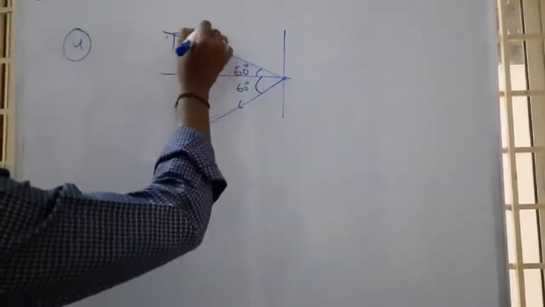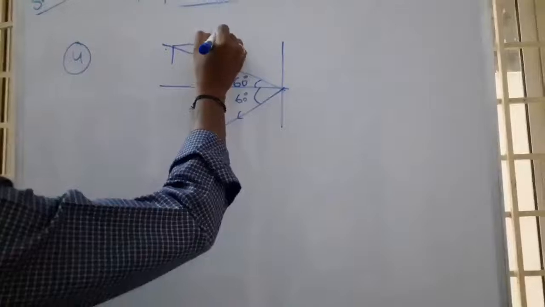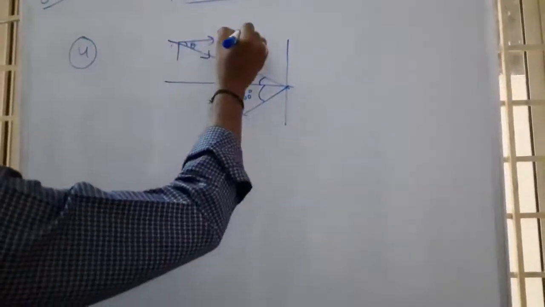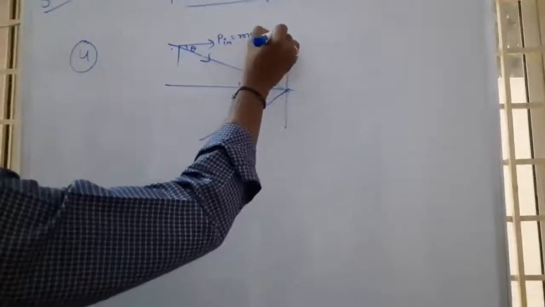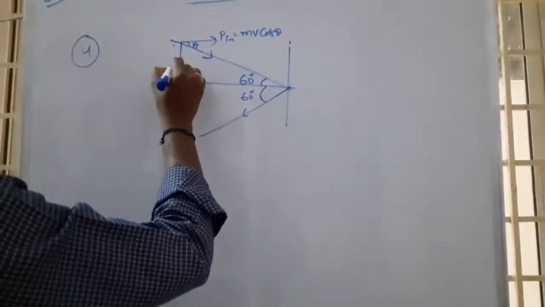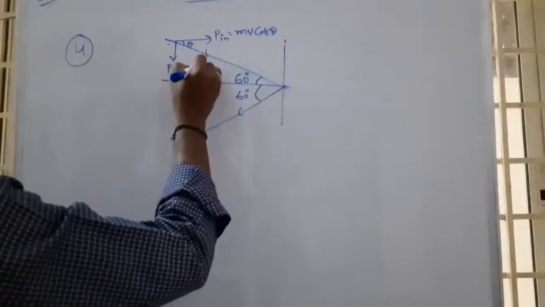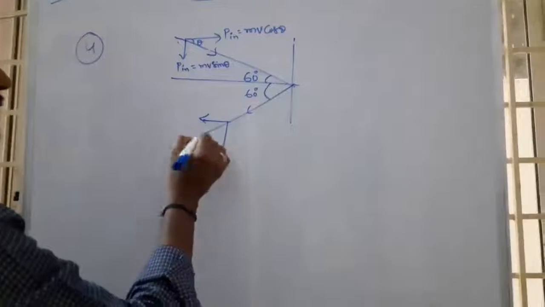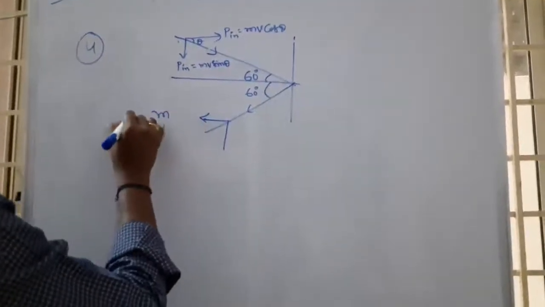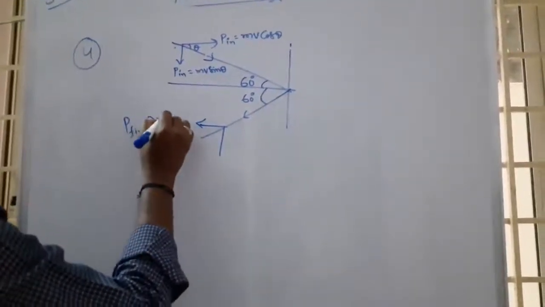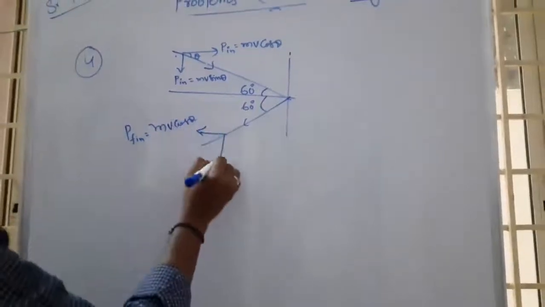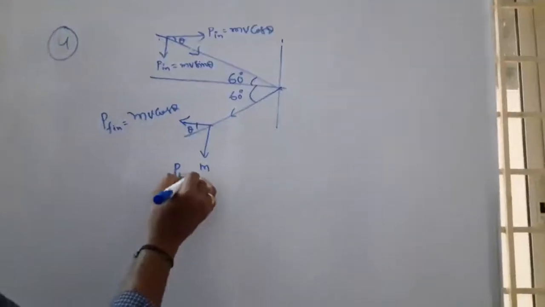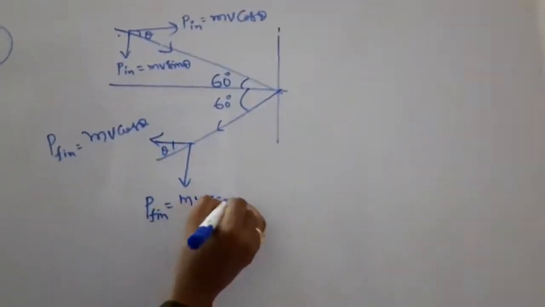Initial momentum has the theta-based components mv cos theta and mv sin theta. After striking, the final momentum has components mv cos theta and mv sin theta.